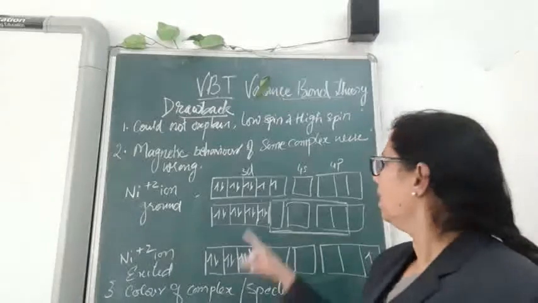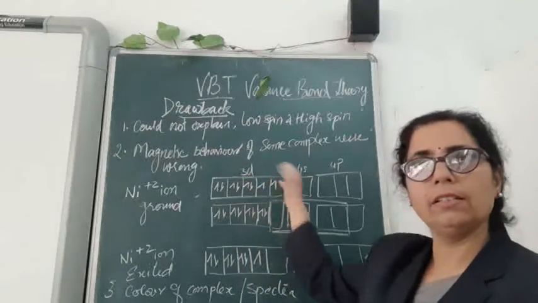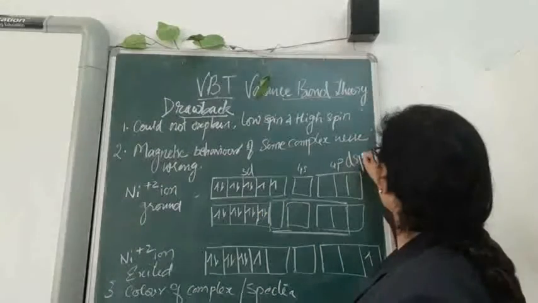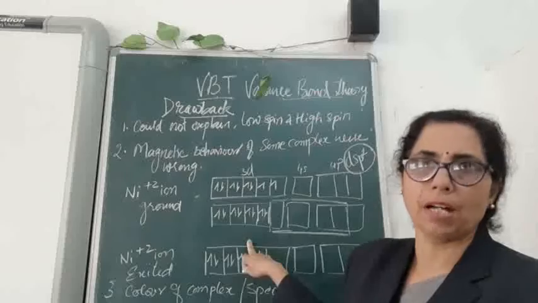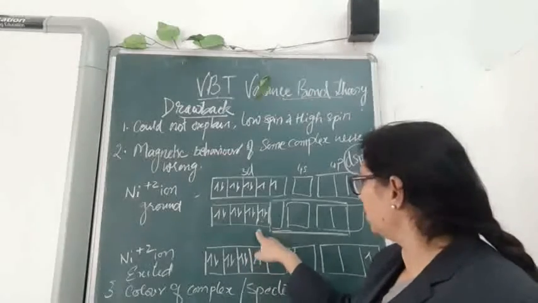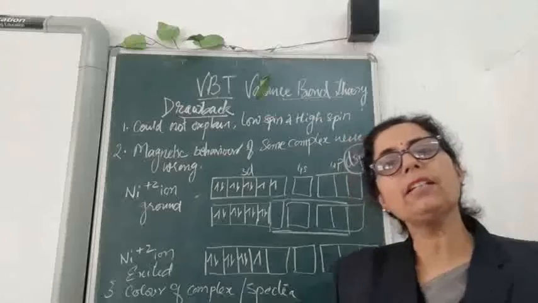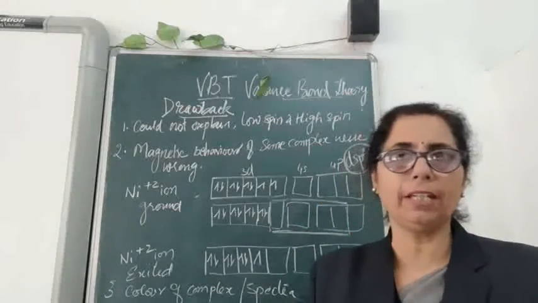It was said that according to valence bond theory, with the movement of electrons here and there, showing dsp2 type of hybridization, this complex compound was diamagnetic. Magnetic behavior was not expected, but actually when the compound was tested, it was found to show some magnetic behavior.